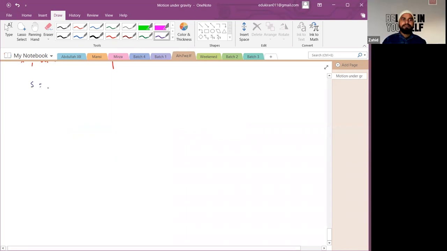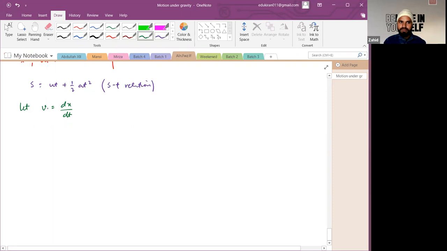Next is s is equals to ut plus half at square. So this is called displacement time relation. Now for this part, displacement and time will define your velocity. So velocity will be equals to dx over dt. Now in this above expression, there is no term regarding v.